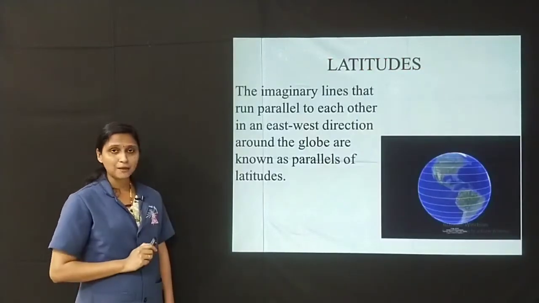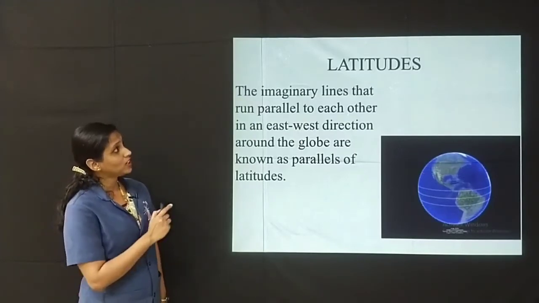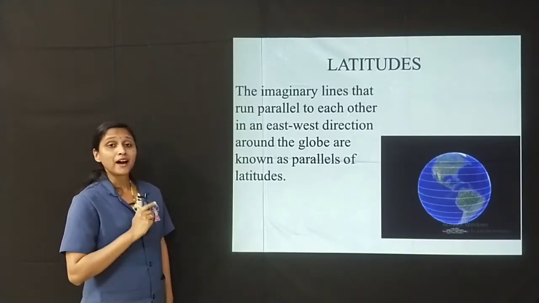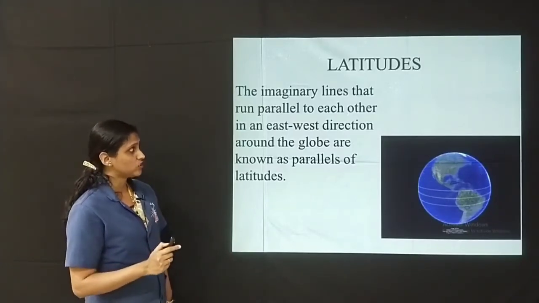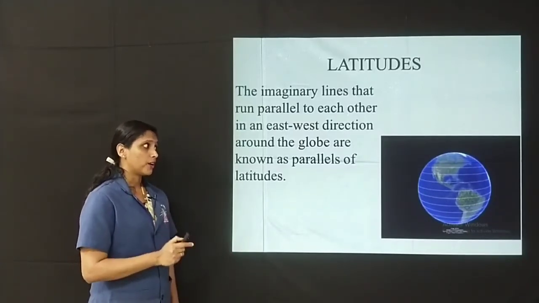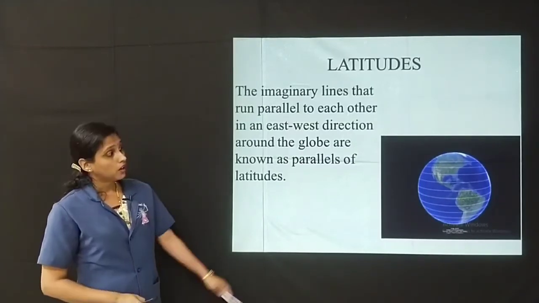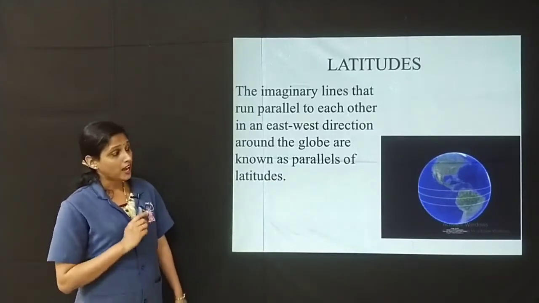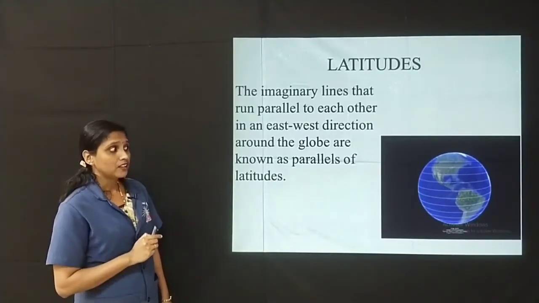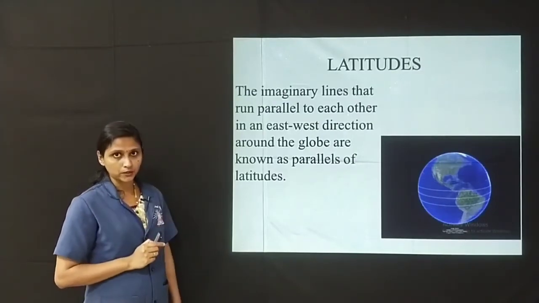Now let us learn about latitudes in detail. The imaginary lines that run parallel to each other in an east-west direction around the globe are known as parallels of latitudes. A number of parallel lines can be seen on the globe. However, in reality, there are no such lines present on the surface of the earth.